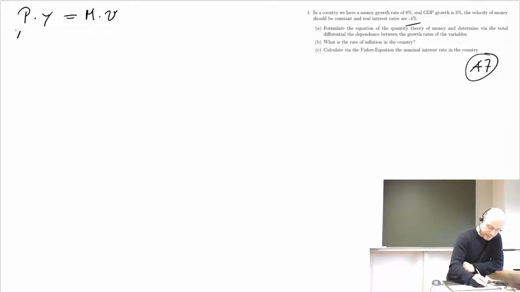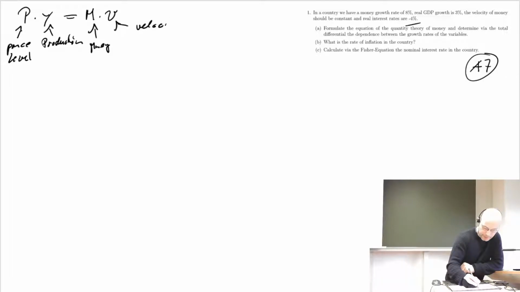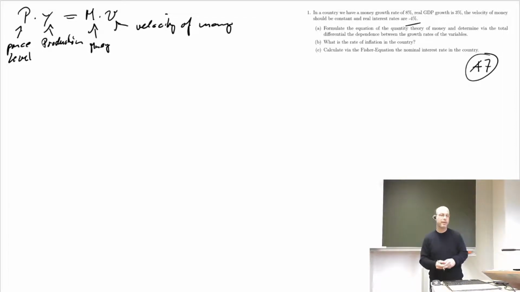So this is then price level, production, money, and velocity of money. And in economics, we are very, very often interested in growth rates.